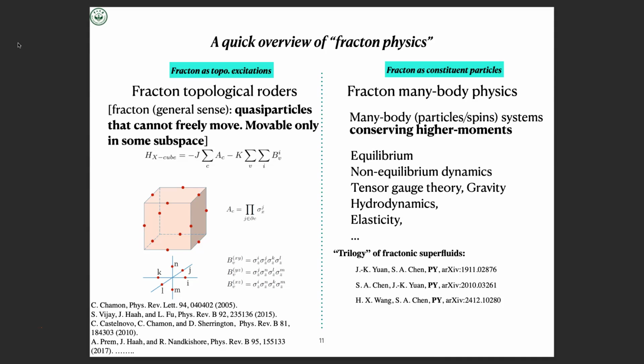So we call such a topological quasi-particle a fracton. The second line is that we can regard fractons as constituent particles in some many-body system that conserves high moments. There are many properties here, but I don't have time to describe the details of this line. If you have some interest, you can read this paper.